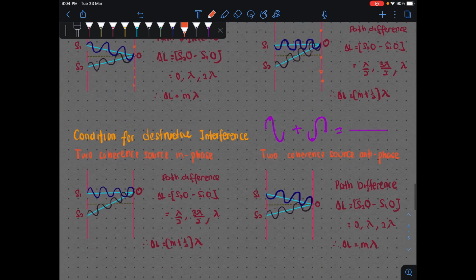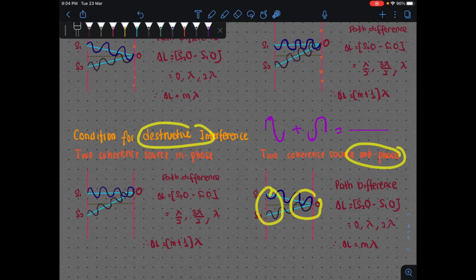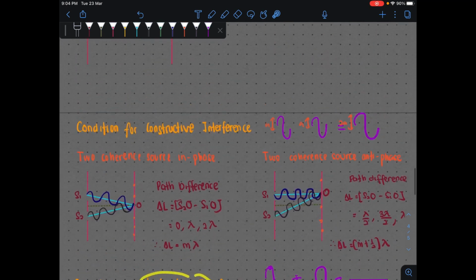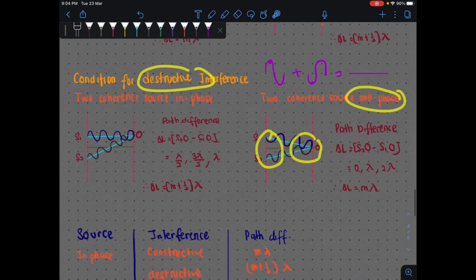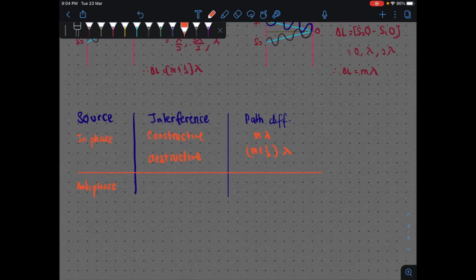And for your antiphase here, sama juga dalam antiphase source, kamu ada dua jenis, iaitu antiphase, dia boleh destructive interference, bermula pada fasa yang tidak sama and interfere destructively. It can also have antiphase constructive interference, bermula pada fasa yang tidak sama and then they interfere constructively dekat sini.